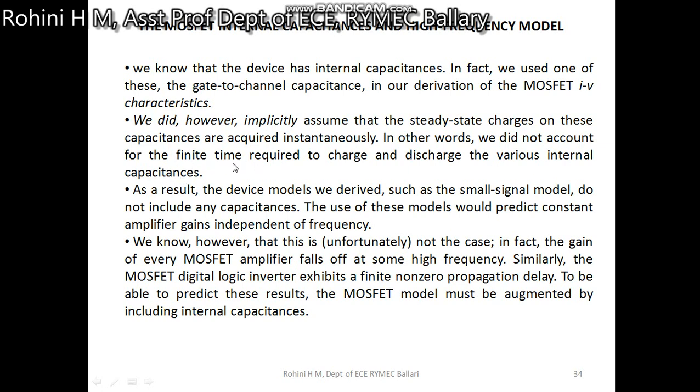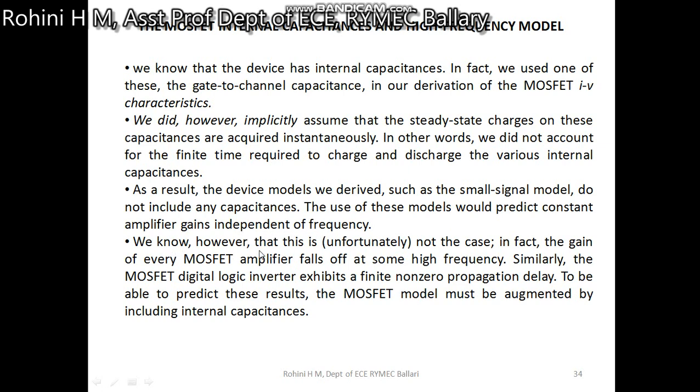As a result, the device models we derived, such as the small signal models, do not include any such internal capacitances and their paths. The use of these models would predict a constant amplifier gain independent of frequency.